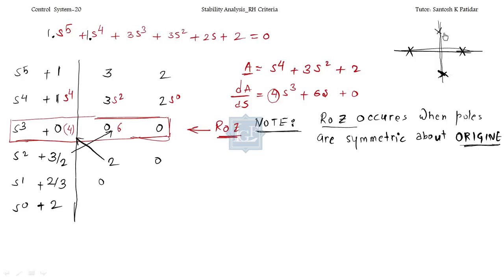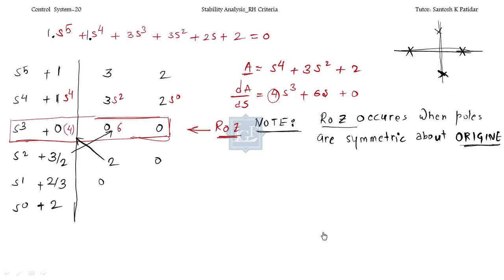So your poles will lie on the imaginary axis. Definitely, for sure, your symmetric poles will lie on the imaginary axis. They can't be on the real axis. Symmetry means if you have one at this side, then definitely you'll have another one at the same point in the RHS also. Correct? So for this system, the symmetric poles will lie on the imaginary axis.